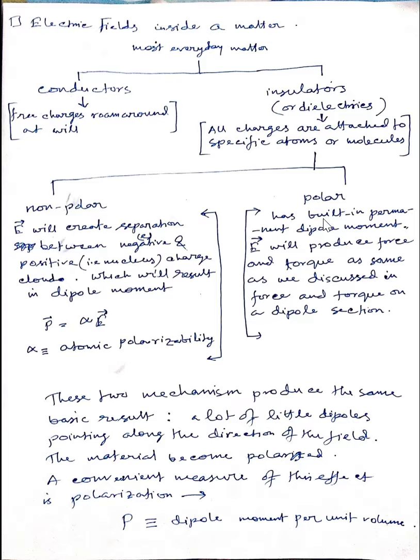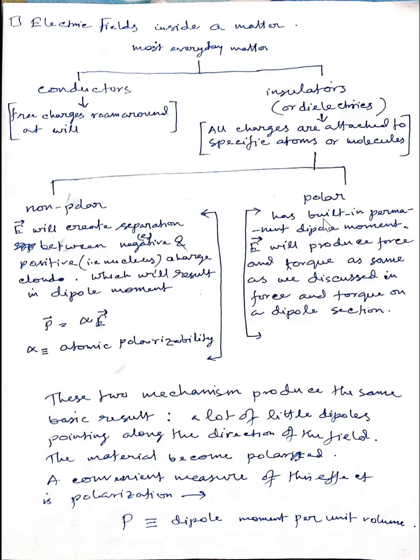We have considered that all the dipoles are very tiny, so all these tiny dipoles will point along the direction of the electric field, right? In other words, you can say that the material got polarized.